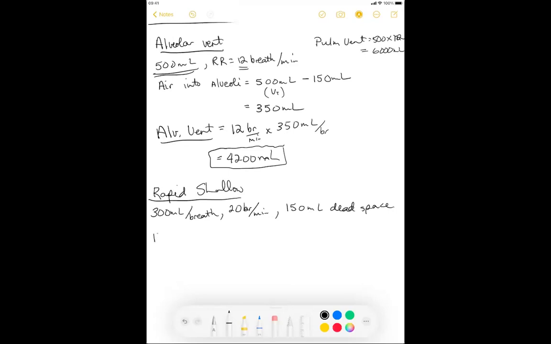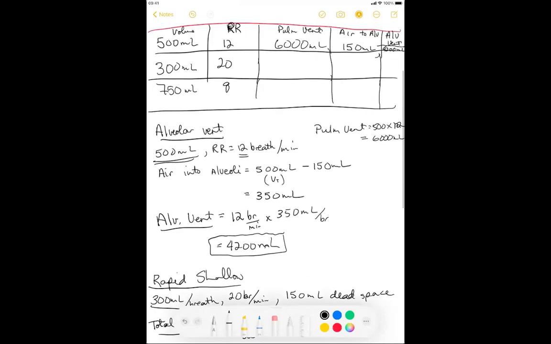So our total pulmonary ventilation in this case is just equal to the tidal volume times our respiratory rate. In this case, our tidal volume is 300 mils, and our respiratory rate is 20 breaths per minute. And that gives us a total pulmonary ventilation of 6,000 mils. So it's the same as what we had up here.